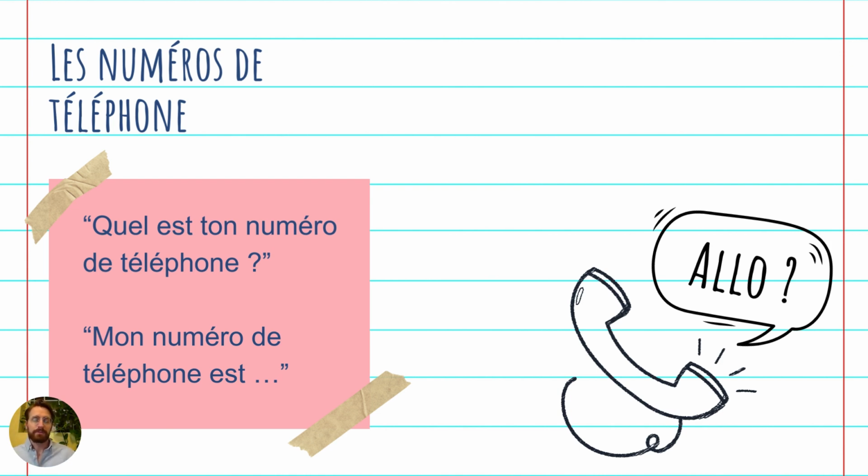Ok, maintenant, on a les numéros de téléphone. So obviously, phone numbers. La question, quel est ton numéro de téléphone? La réponse, mon numéro de téléphone est, and then you're going to practice giving the numbers here, but using obviously their French names.